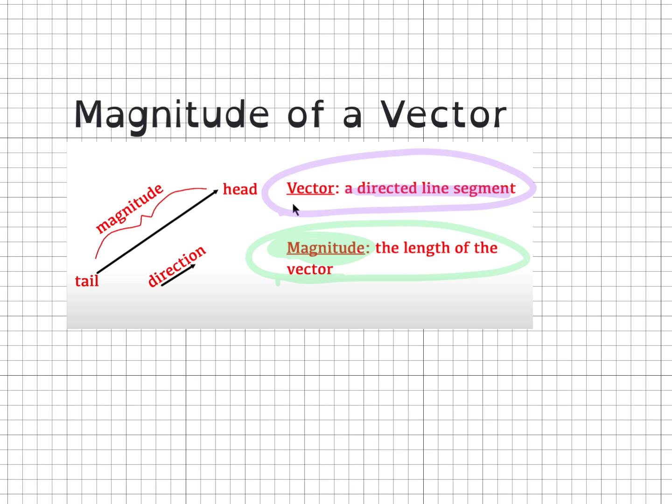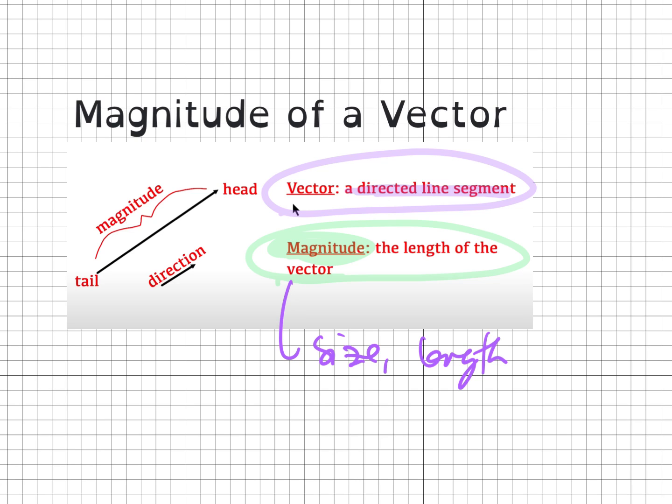It is a directed line segment, plus it has the length, or size. When we talk about the magnitude of the vector, we're talking about the size or the length of a vector.